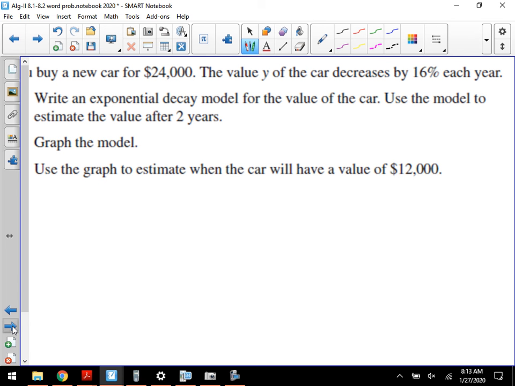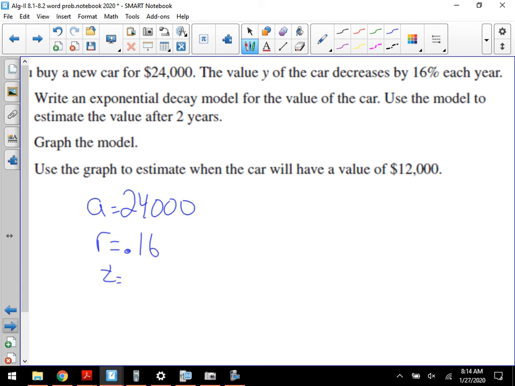So, what's the initial amount? 24 grand. So our initial amount, our A value, is 24 grand. What is the rate of depreciation? 0.16, good. And we're looking at T in years.